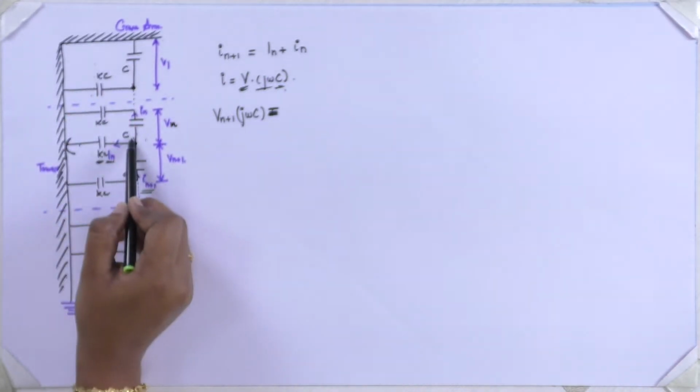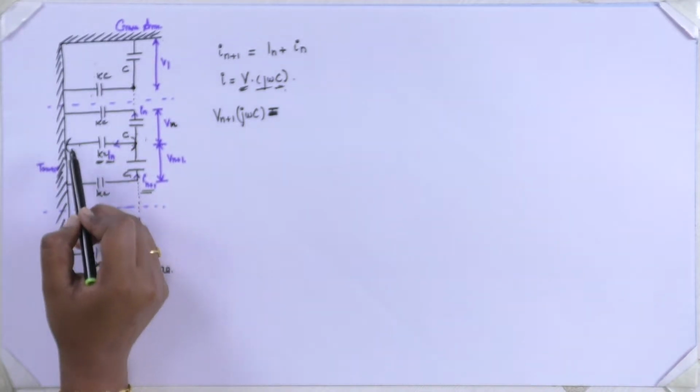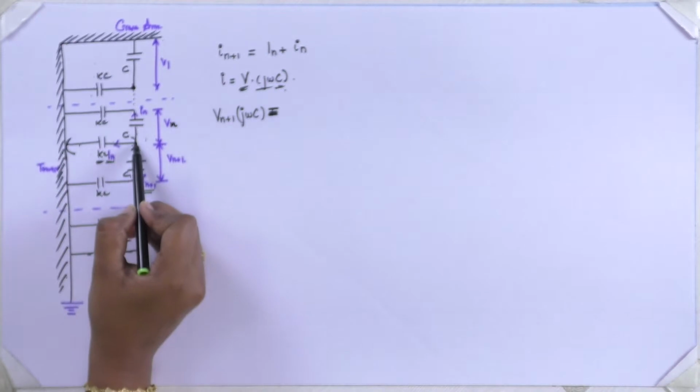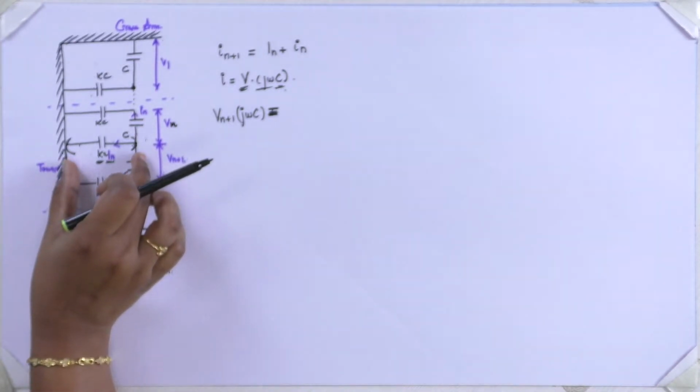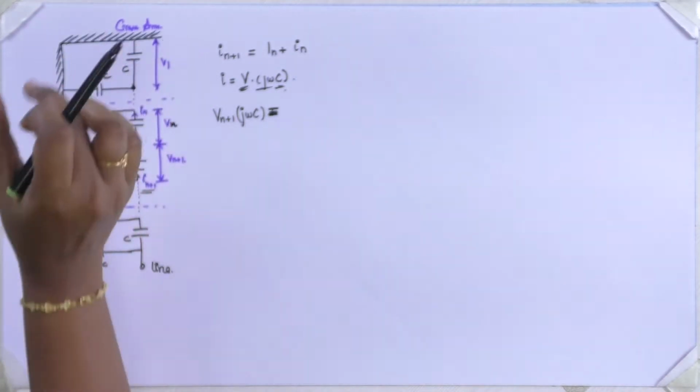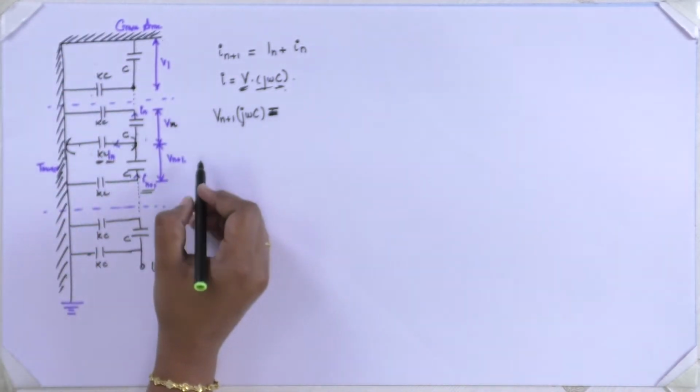So in order to calculate the voltage between the tower and the insulator point, we have to sum the voltages above all the insulators. Above this insulator I have the number of insulators connected in series.